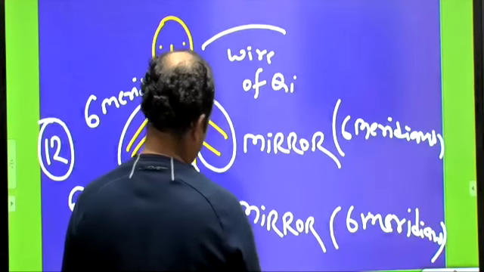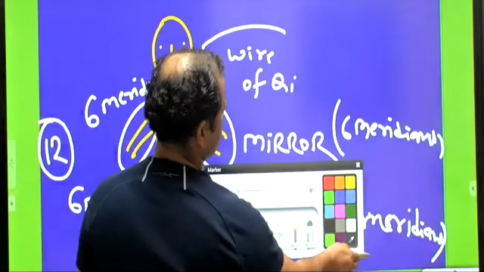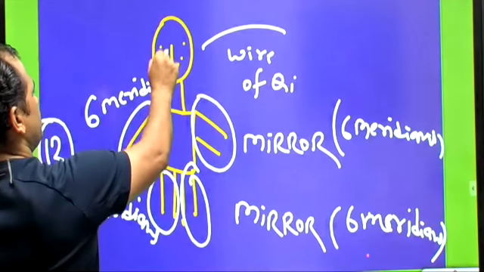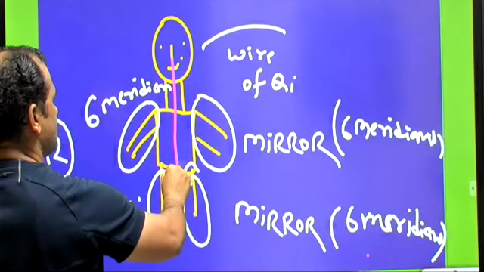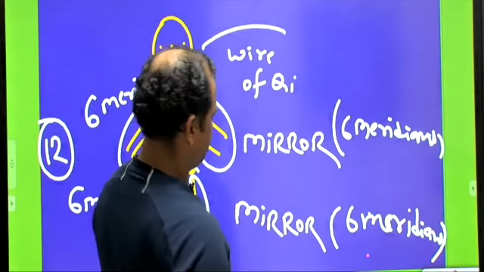Now, do we have some more meridians? Yes. One meridian will be in the front central line, and one meridian will be in the back central line.